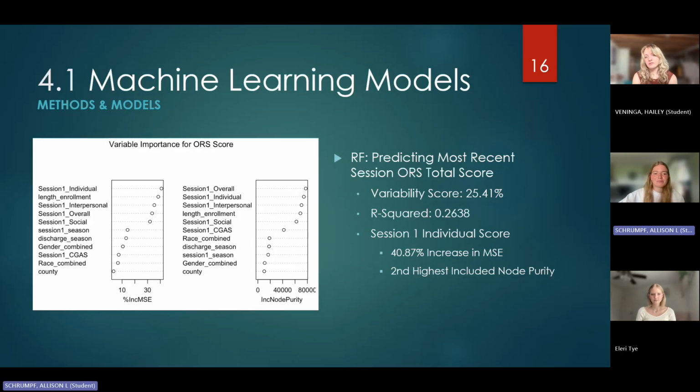However, looking at the overall explanation of how much our variables are impacting the overall score, this isn't a key finding. And then it is good to note that race, county, and gender are relatively low in importance, which is good, showing that our providers overall aren't having many biases for these categories.